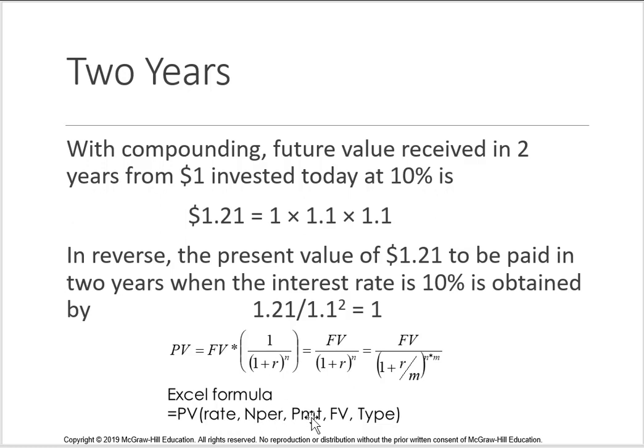Now, typically the payment here is going to be 0, right? Because in this case, we're not making a payment, we're trying to solve for that. For future value, that's going to be a positive number because it's a number we assume we're going to get in the future. And of course, type, again, will almost always be 0.